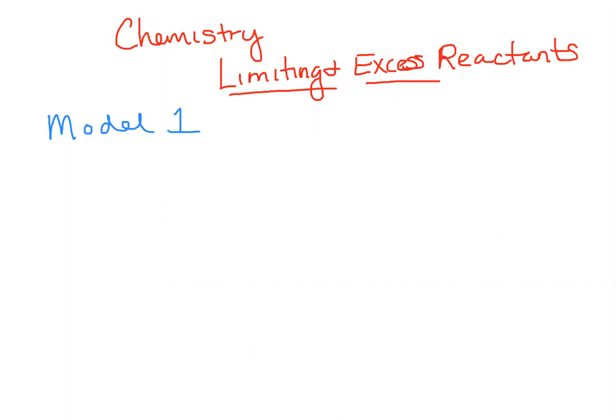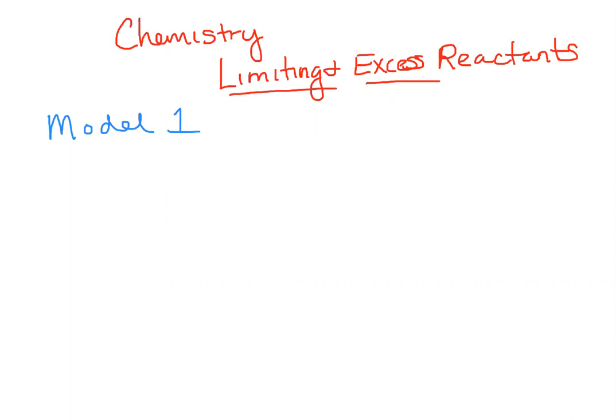When preparing sandwiches for a party, there's a recipe specifying the ratio of slices of bread, lettuce, tomato, and ham. If the slices of bread are used up first, despite having plenty of lettuce, tomato, and ham, no more sandwiches can be made. That's the kind of thing we're looking at.